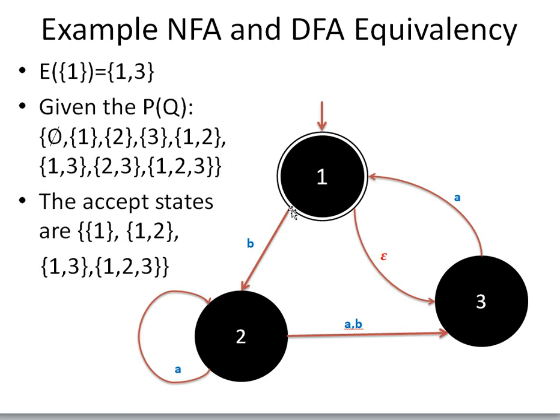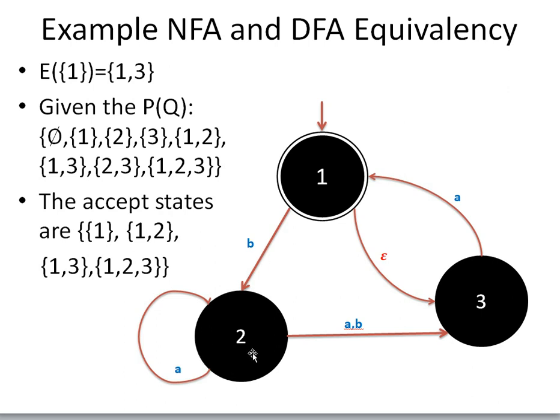It goes to 2. Okay, so now with 1, if I give it B, it's going to go to 2, and if I give it A, it's going to go to phi. So that is now the set for 1.